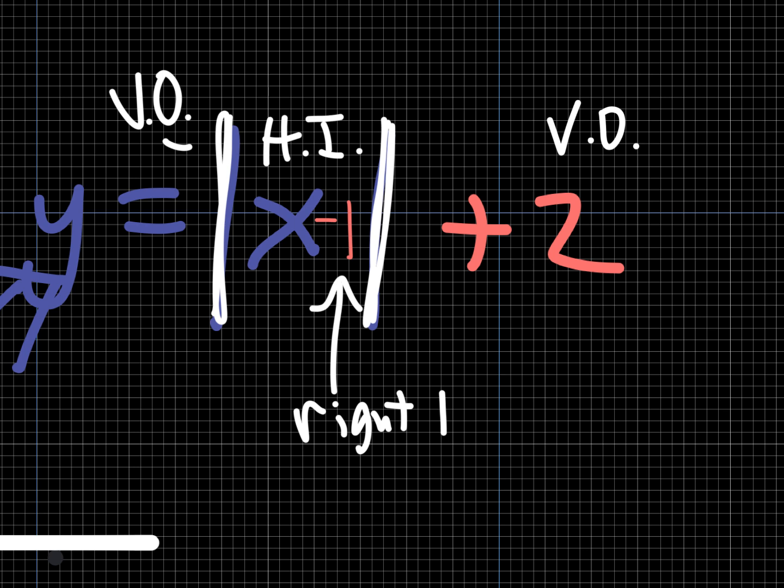Now I'm going to name all of them. This one's right 1, and of course that means if I changed it to a plus sign, then that would mean the other way. It'd be left 1. But minuses go to the right. And I know that should seem counterintuitive because the stuff on the inside does the opposite of what you would expect. But the stuff on the outside is normal.